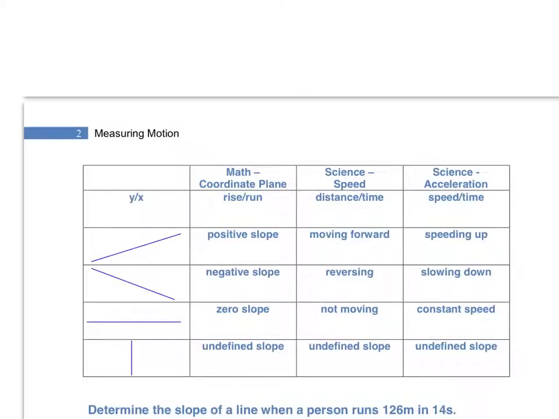Now we've seen how rise over run and measuring slope works with just math, but again we can apply this to science concepts such as speed or velocity and acceleration. So what we have here is a table, and on the table we'll do a comparative analysis of how slope is used in every situation.